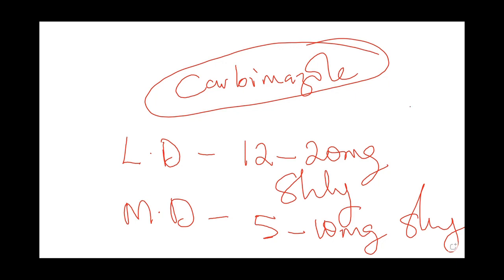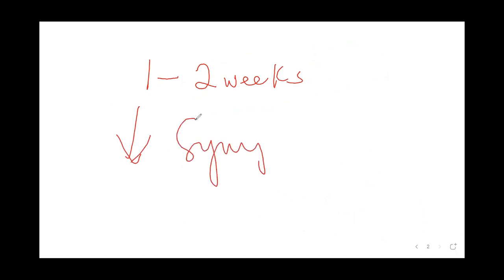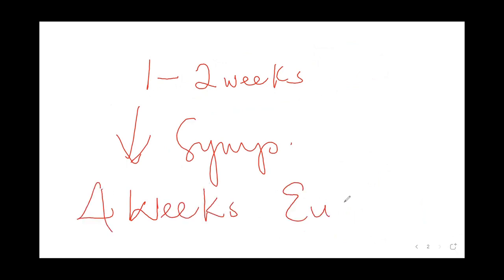Patients placed on a loading dose of carbimazole become asymptomatic in the first 1 to 2 weeks. There is a drastic reduction in the symptoms, and within 4 weeks they become euthyroid.